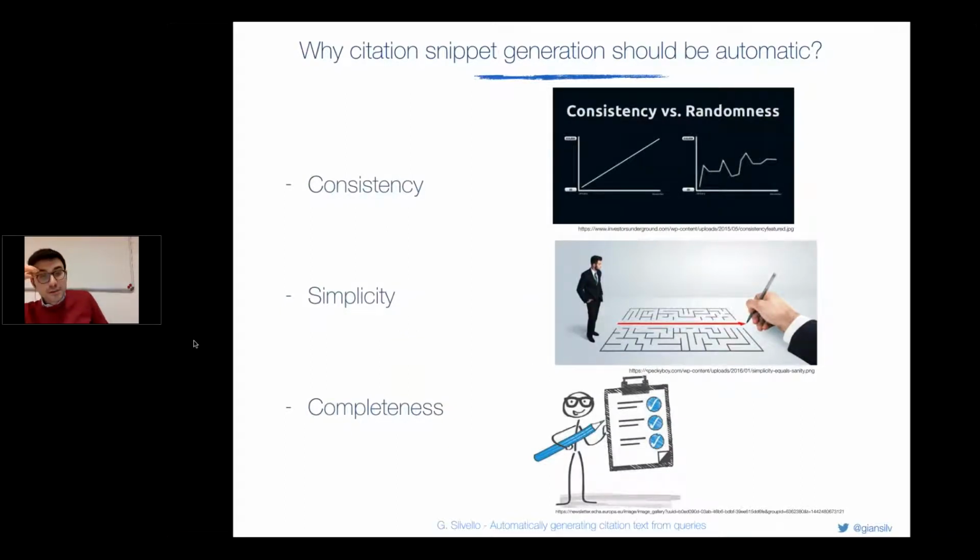The first reason is consistency. There are studies showing that if we let users create their own citations, these references would be very heterogeneous, so they would be hard to automatically process. It would be hard to use these citations for bibliometric reasons and so on. So for consistency reasons, if we create these citations automatically, we know that we are creating all citations equal, let's say.